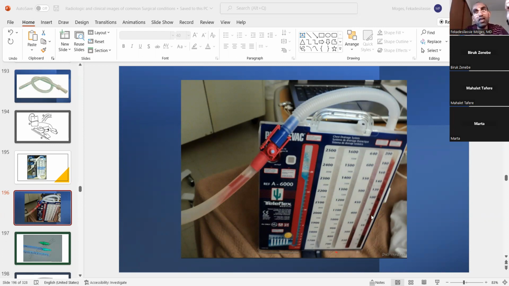And if it is very significant, then you have to call the chest surgeon. Massive hemothorax is an indication maybe for exploratory thoracotomy, emergency thoracotomy. So you have to monitor the output.